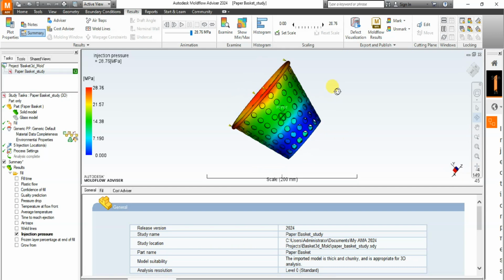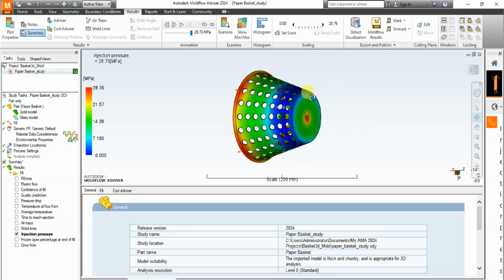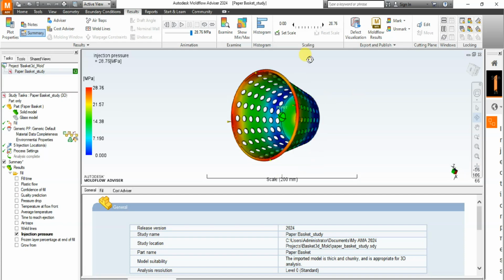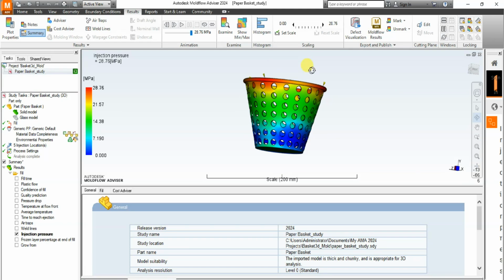Restricted areas in the mold, such as thin sections, small runners, as well as long flow lengths, require a larger pressure gradient and therefore a higher pressure to fill. This is very critical, and it shows that this particular variation, this injection pressure, has a lot to do with the fill analysis.